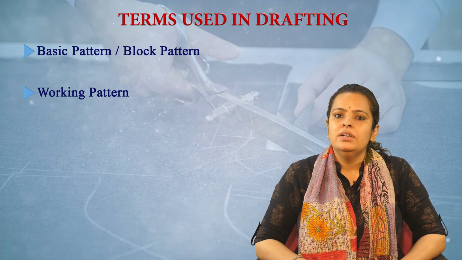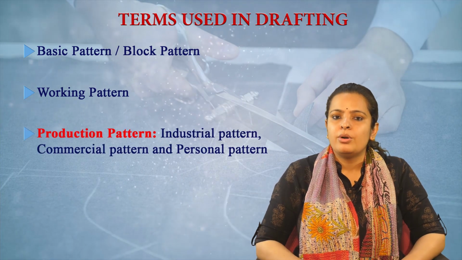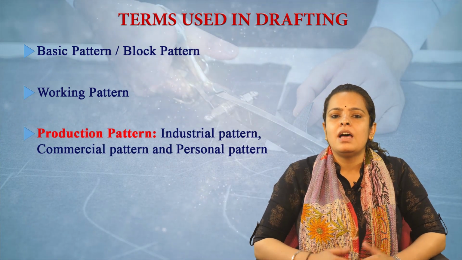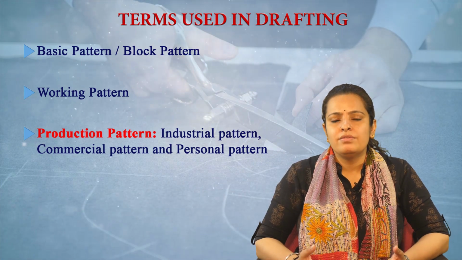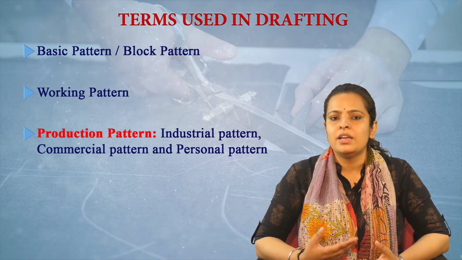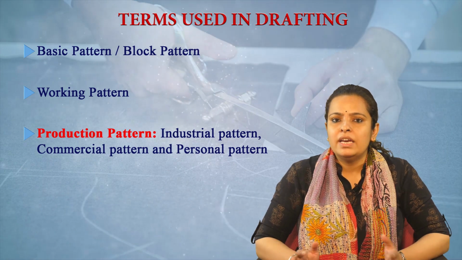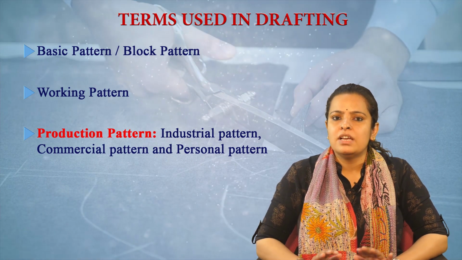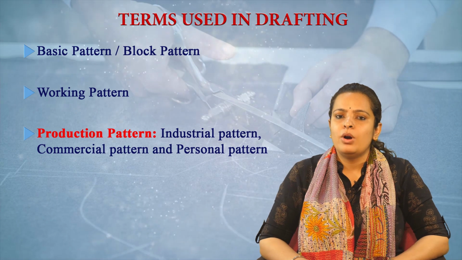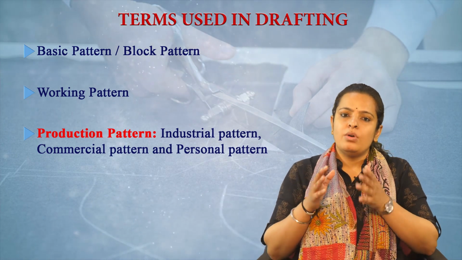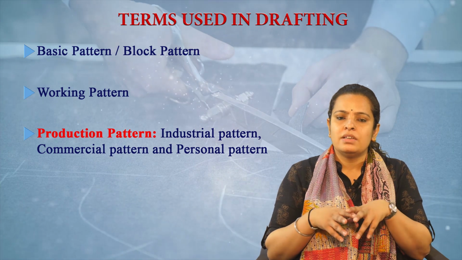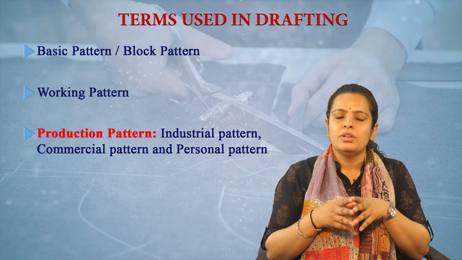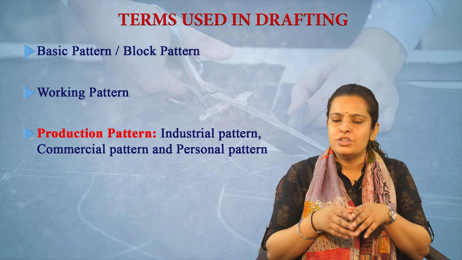Then we have the production pattern. Production pattern comes after the working pattern. First we create the basic pattern, which is without any manipulation, just the exact body measurements we take. We draw the lines and the pattern on the pattern paper with the basic measurements.